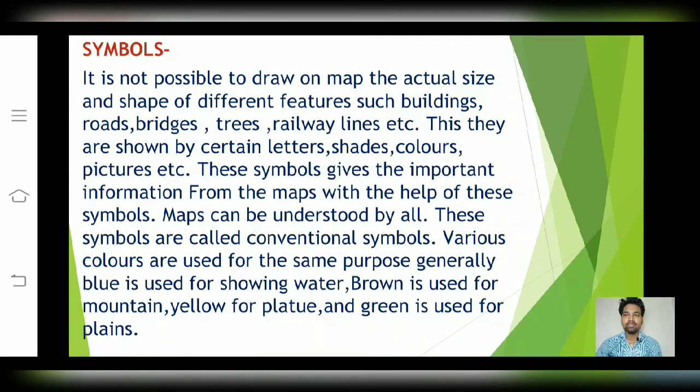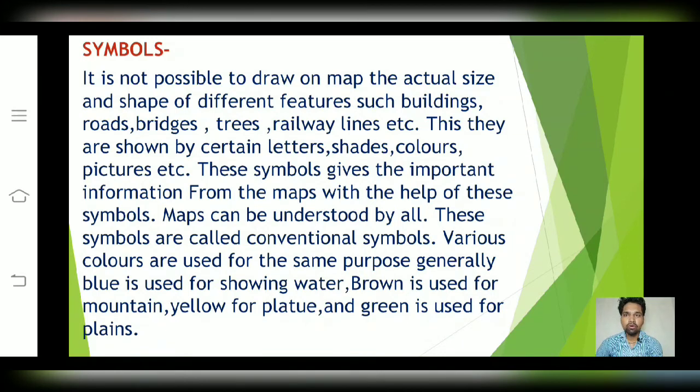Friends, for example, if we have to represent a road, bridge, tree or railway line, we will not show these infrastructures or objects easily. We will find an alternative so that the figure made in our map shows clearly.